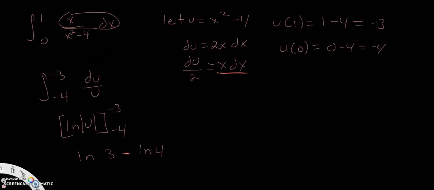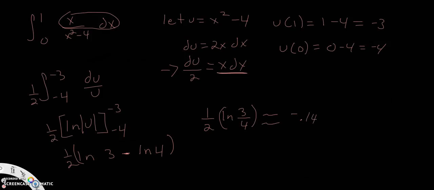Oh, one thing that I want to point out is I forgot the 1/2 here. So there should be a half here, there should be a half here, because of the half right here. Okay, good. So this is a quantity. So now I'm going to get 1/2 ln of 3/4. That's one way of writing it, which is roughly equal to negative 0.144 if you do 3 decimal places.